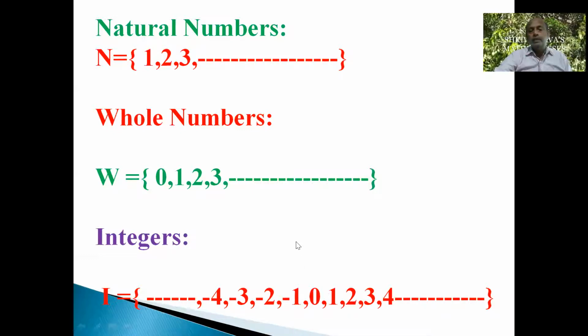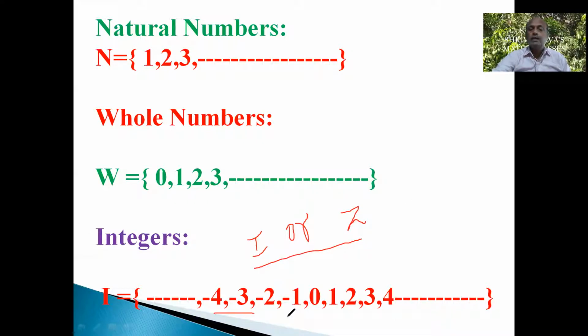Then the next number is integer. It is represented by I, or sometimes we use Z to represent this. So integers are simply all positive numbers, negative numbers and including 0.